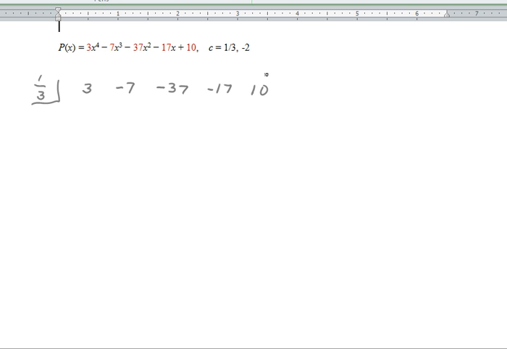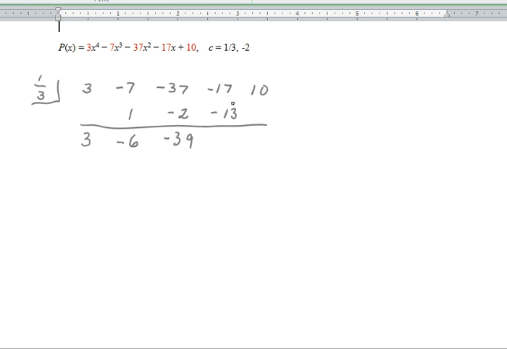So we have 3, -7, -37, -17, and 10. 3 is going to be the leading coefficient in the first term of this quotient. 3 times a third is 1. -7 plus 1 is -6. -6 times a third is -2. -37 plus -2 is -39. 1/3 of -39 is -13.